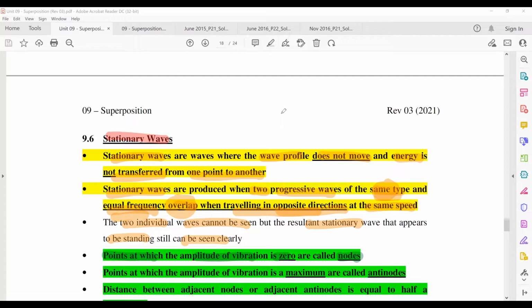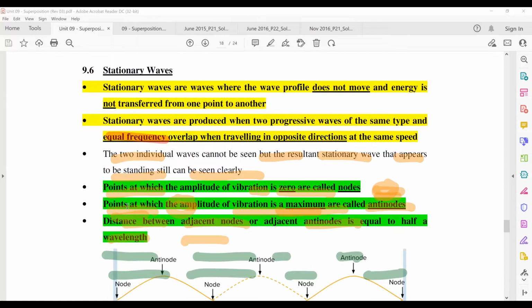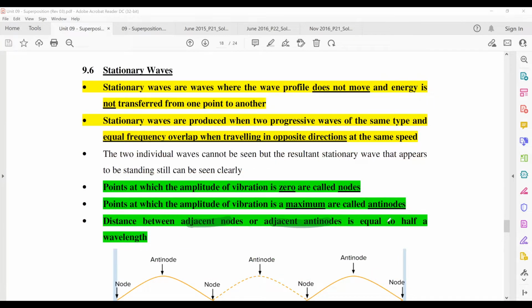Those are called nodes. There will also be points at which the amplitude of vibration is always maximum. Those are called antinodes. And then after that, the distance between adjacent nodes or adjacent antinodes will be equal to half a wavelength.